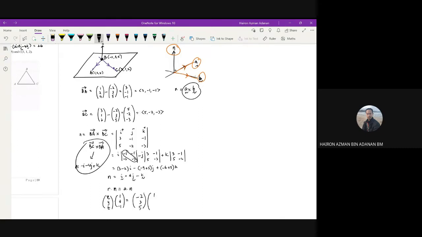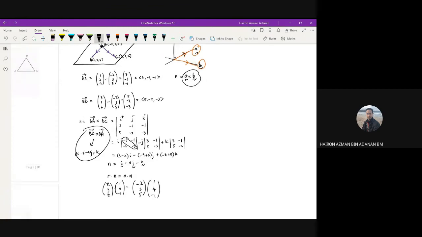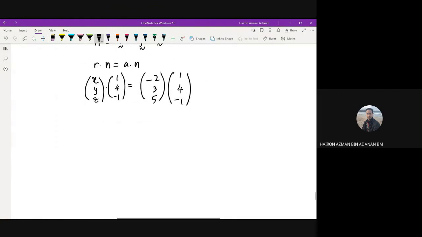Your normal is 1, 4, -1. Okay. Actually, point mana-mana pun boleh. Tapi the best adalah ambil yang itulah. Okay, you just multiply. So you get -2 plus 12 plus -5. Okay, so you will get -7 plus 5.